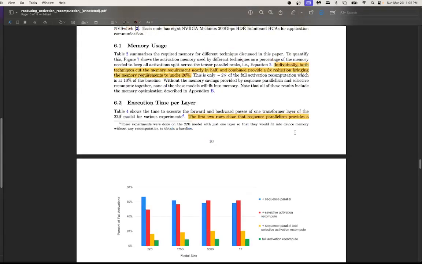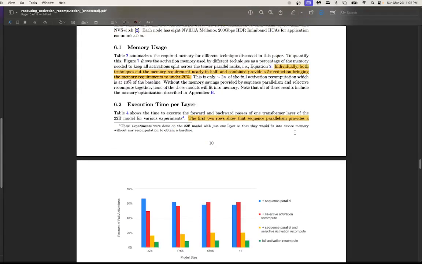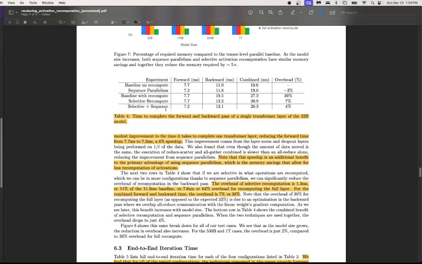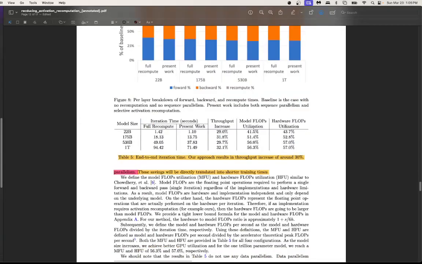For the peak memory usage, the baseline is not recomputing anything, just storing everything. And from that baseline, you get a 5x lower peak memory. But for the compute, they're using the baseline of recomputing everything, full AC recompute. And from that, we get a significantly lower overhead and a 30% higher throughput.